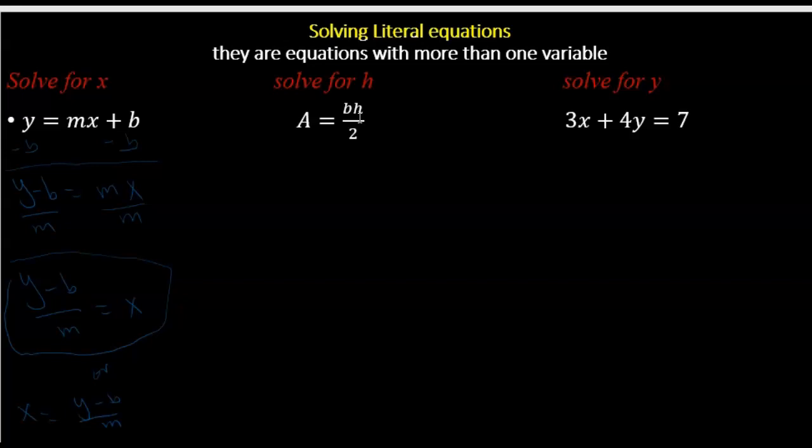However, the only letter we're treating as a variable is h, because that's what we are solving for. Everything else, we're going to treat as numbers. So which means we're going to move everything to one side of the equation and leave h by itself on the other side of the equation.